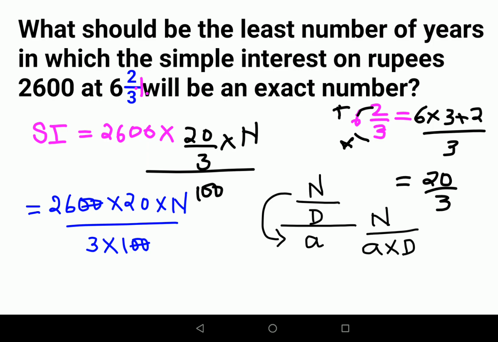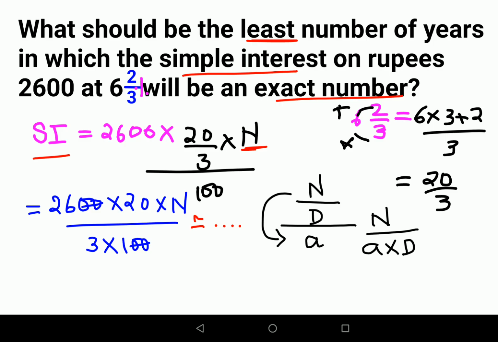Now again we have two unknowns. We do not know the simple interest, nor the number of years, but we know one very important thing: we need to find the least number of years, and we need to make sure that the simple interest is an exact number, meaning there are no decimal points in the answer. Any number divided by 3, if the numerator is not getting cancelled by 3, by default gives an answer in decimals.